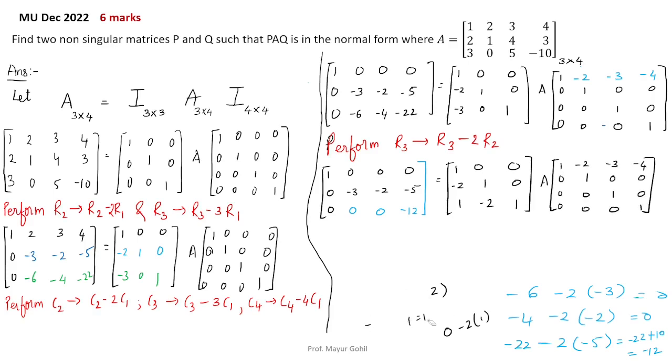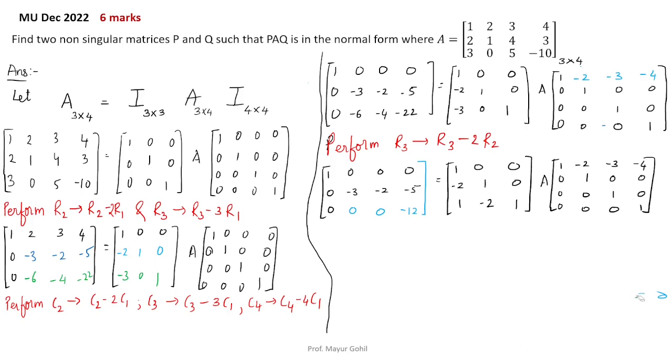Okay, now there is an easy way out to handle this situation, so let me tell you how. See, our goal is to establish an identity matrix on the top left corner of the matrix.